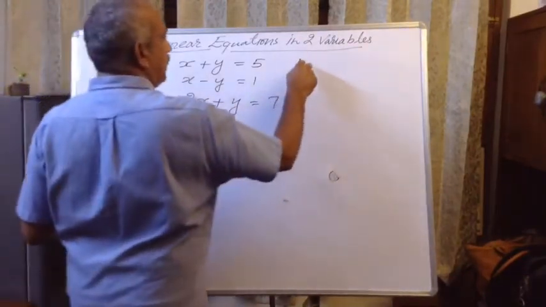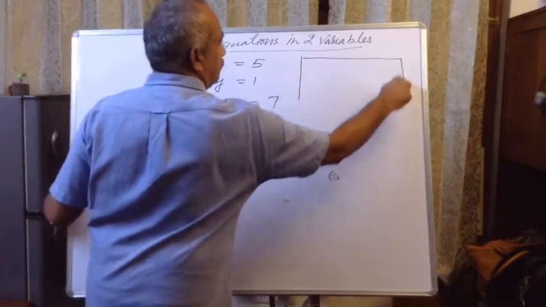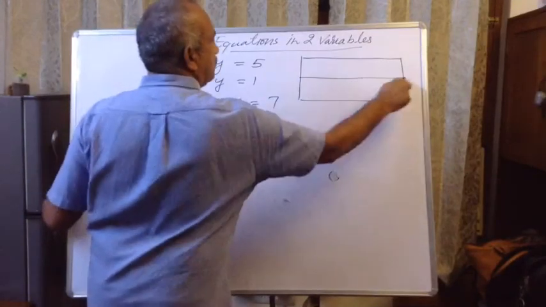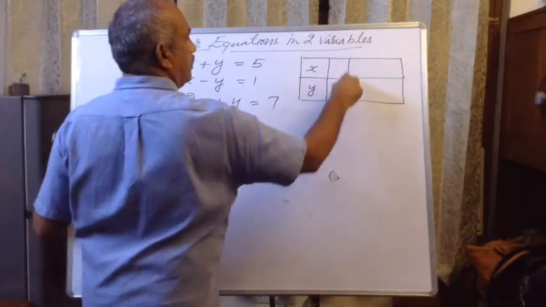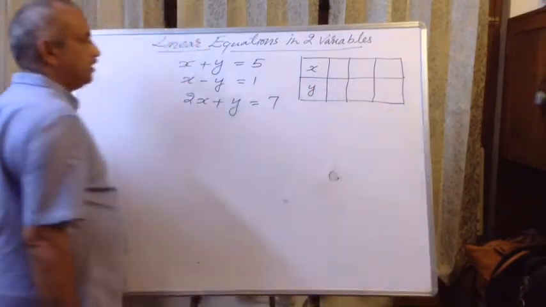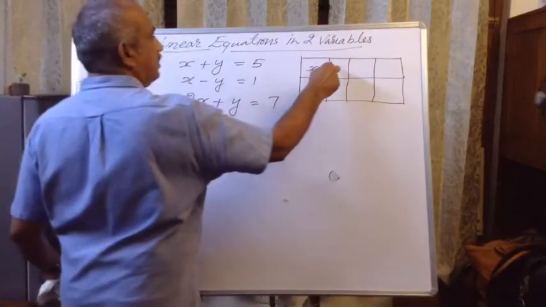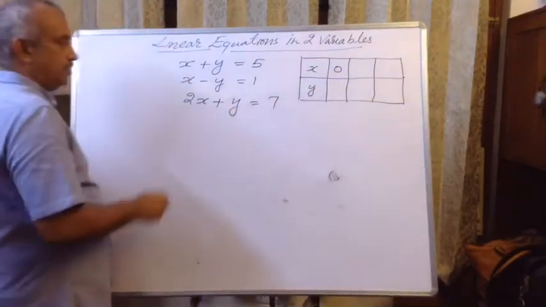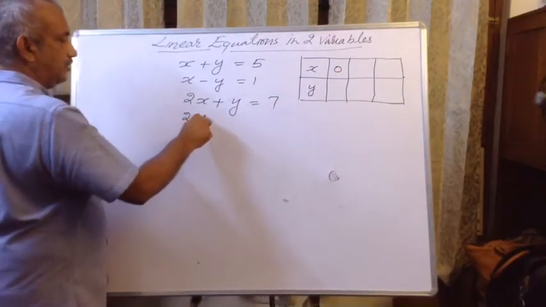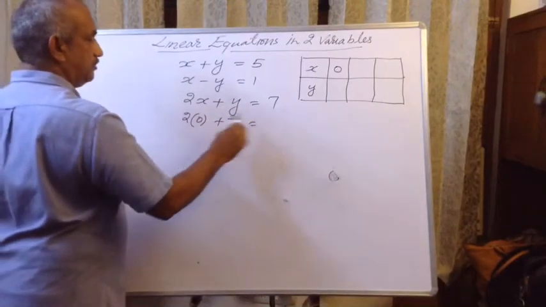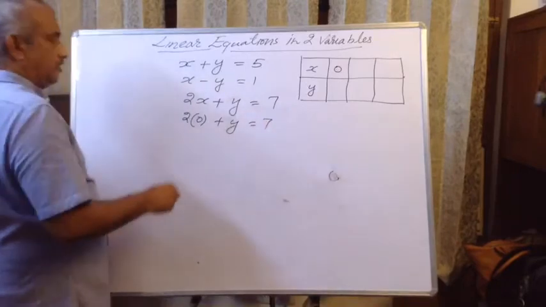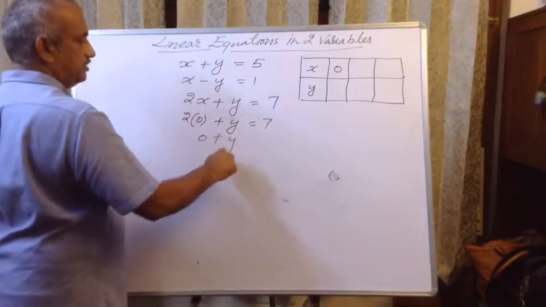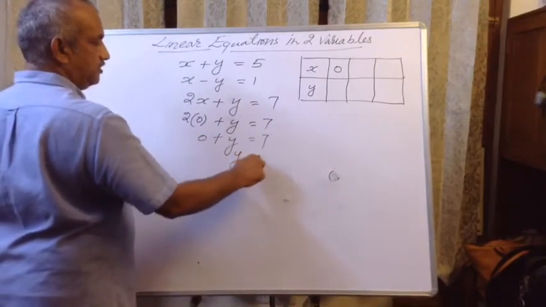When you write the solutions, say if you are asked to find 3 solutions, then it is better to make a table: x, y, 1, 2, 3. First I am putting 0 in the place of x. So I am getting 2 into 0 plus y is equal to 7, or 0 plus y is equal to 7, or y is equal to 7.